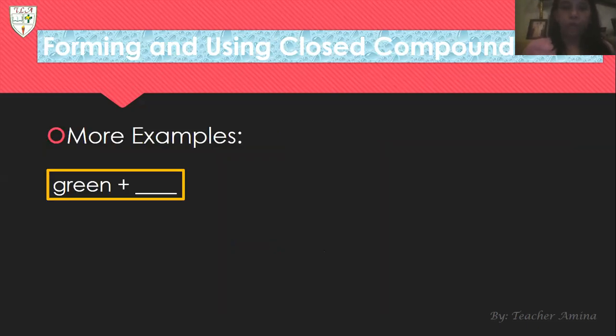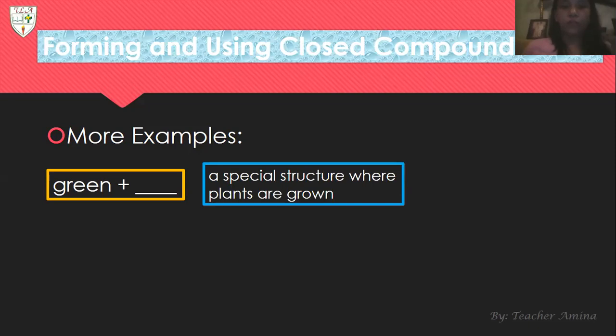More examples. For example, we have green and another word. What could that word be, if altogether the compound word should mean a special structure where plants are grown? What is the word that's supposed to be in this blank to form a new word that matches this meaning?